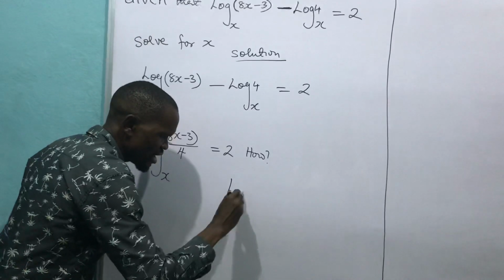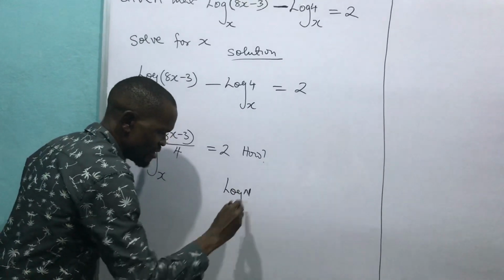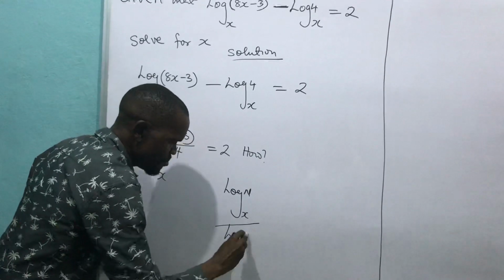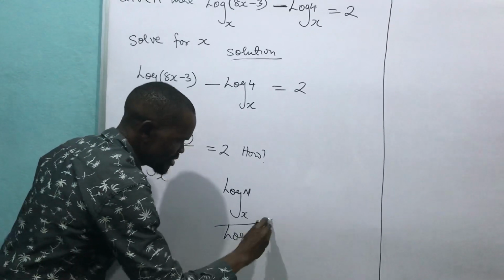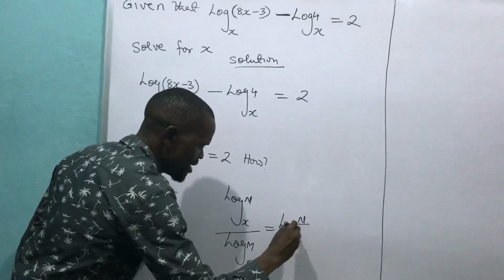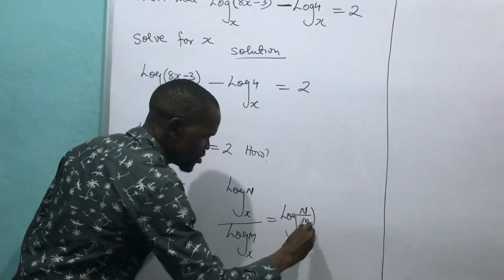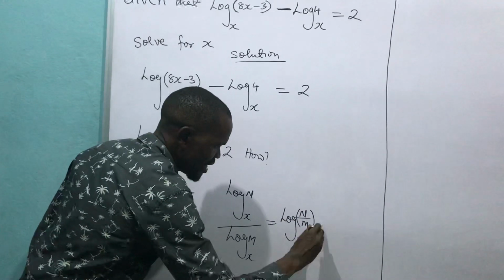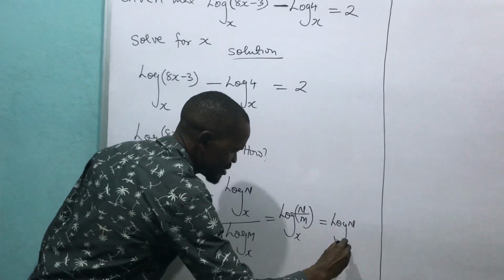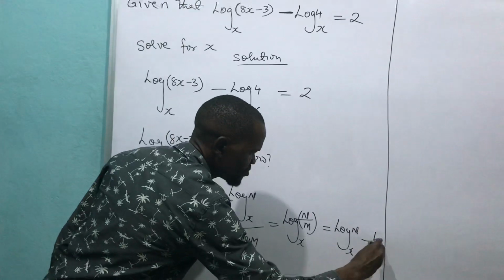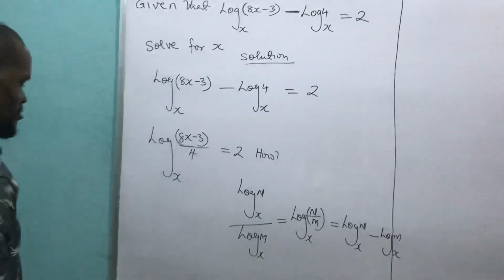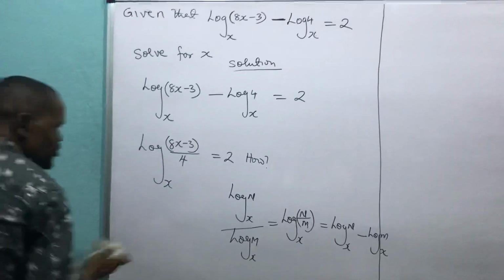We said that log of n base x divided by log of m base x is the same as log of n divided by m base x, which is the same as log n base x minus log m base x. This was the law. Let me clean the place and make it clear to you.